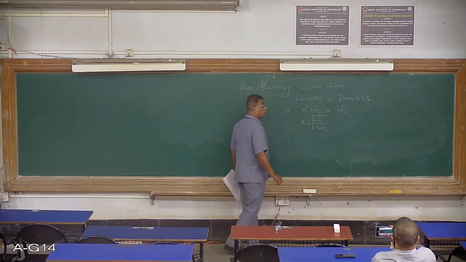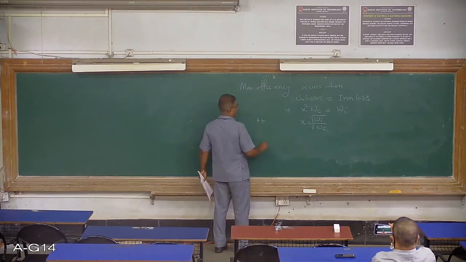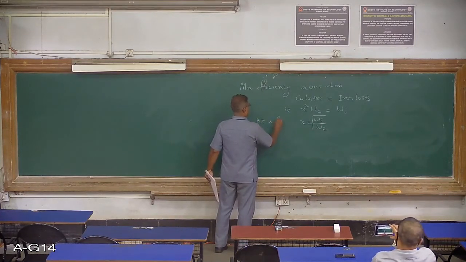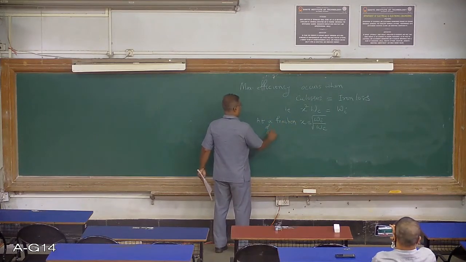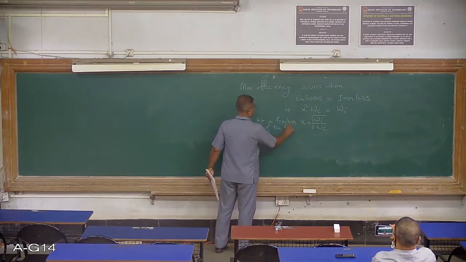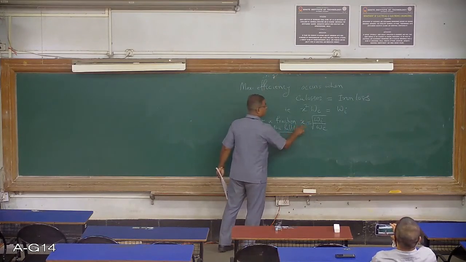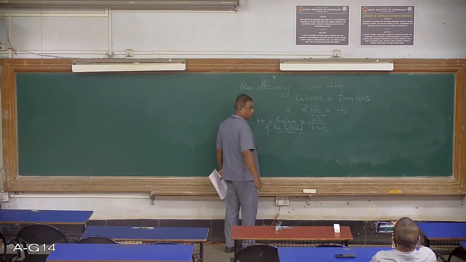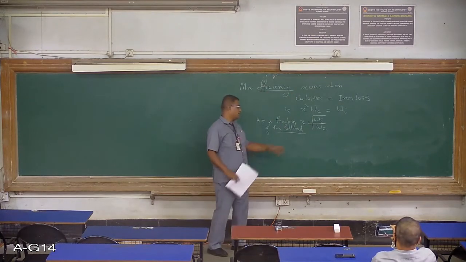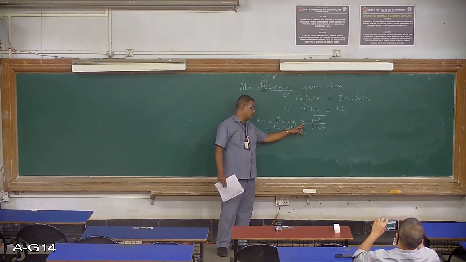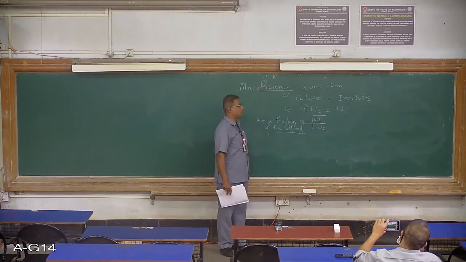That is, at a fraction x of the full load, maximum efficiency occurs. At this value of x, you will find the occurrence of maximum efficiency.